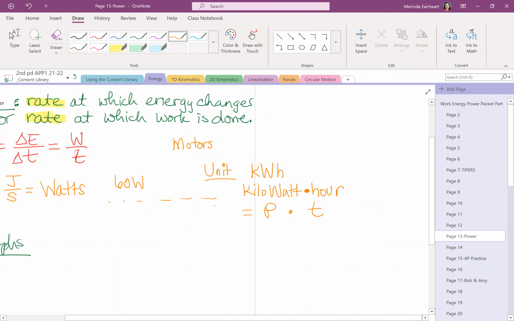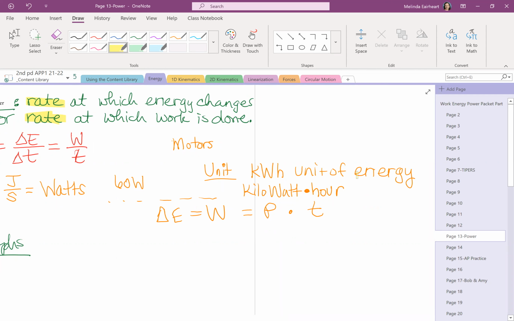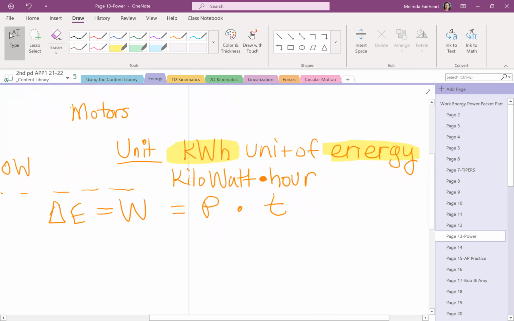And so it's actually work or a change in energy. This is a unit of energy. And I'm pointing it out because, again, I'm going to highlight energy. AP is all about unit equivalence. Kilowatt hour is a common everyday unit.